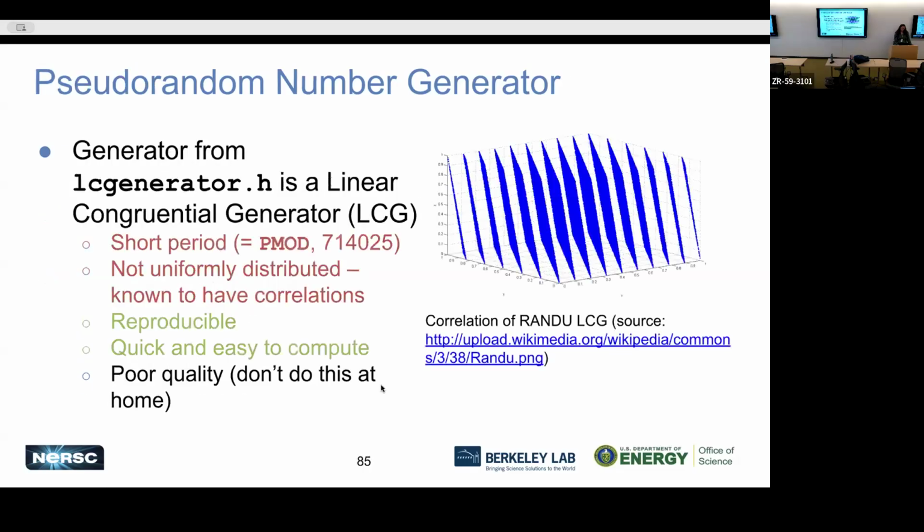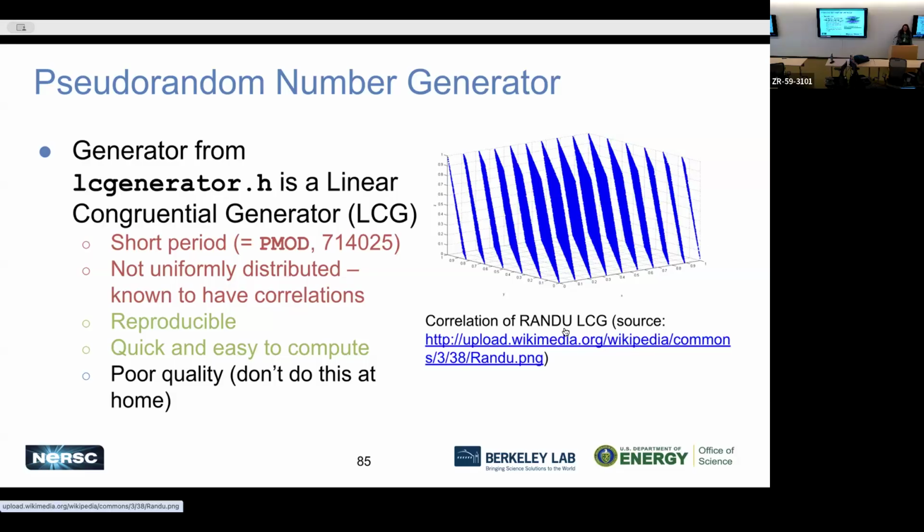Now, the one that we are using is a linear congruential generator, and those tend to have a short period. This one has a period of 714,025. It is not uniformly distributed. It is known to have correlations. And actually, there was a really famous one called Randu.